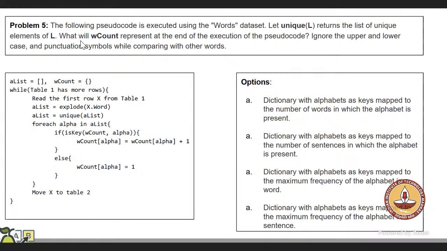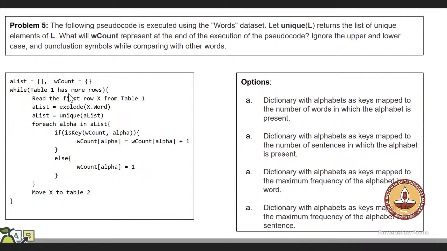That means in the previous example we saw SWEET; if it is there in a list, then unique of that list will return SWET only. A list is an empty list initially and W count is an empty dictionary initially.